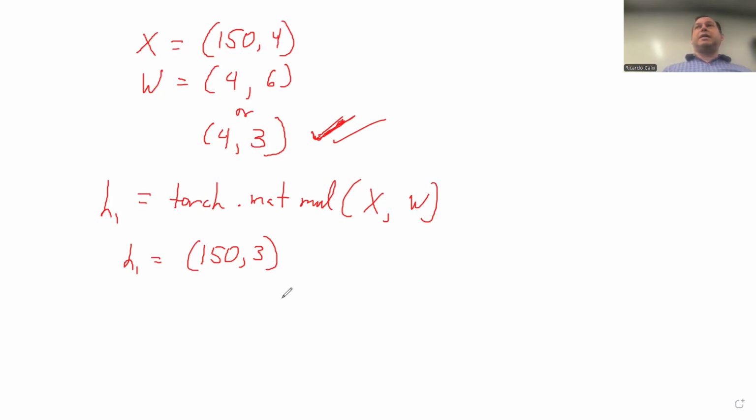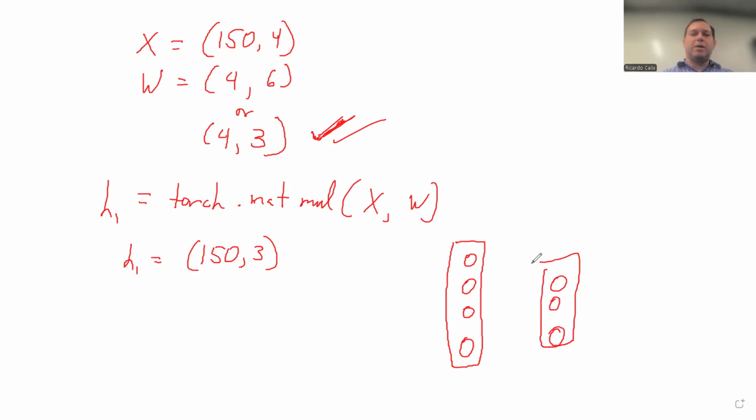So another way of looking at this operation that I just did is I'm saying to you, this is a neural network. So a neural network like this, you're multiplying this times a set of weights here.